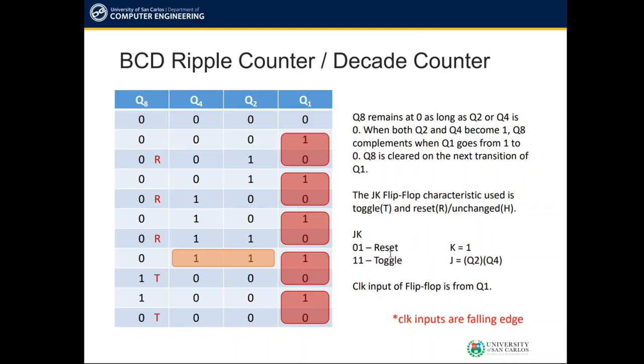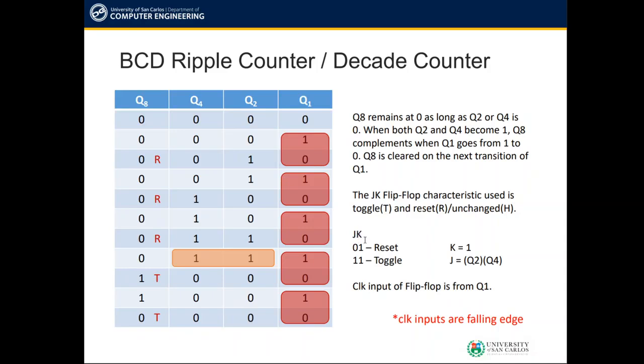For the reset characteristic, the equation for K is 1 to simplify the circuit, and the rest of your flip-flops' K value is still 1, so fewer logic gates are used.